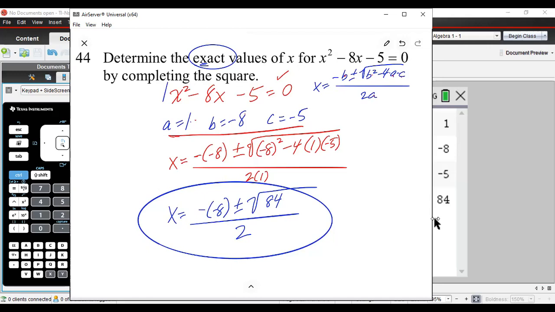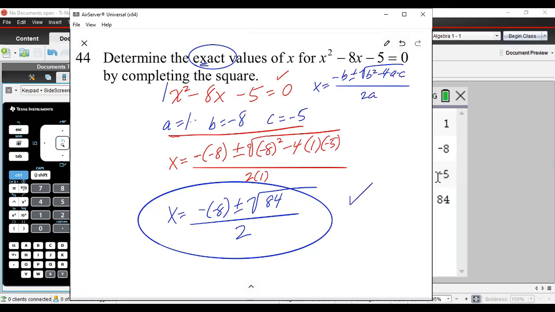I didn't simplify it. It doesn't say that you have to simplify it. It just says that it has to be exact. And when you leave the square root as a square root, you don't have any decimal. This is exact. And this would be worth 1 point. And the reason we don't get 2 points is that we didn't complete the square. But this is a correct answer. You don't have to simplify it.